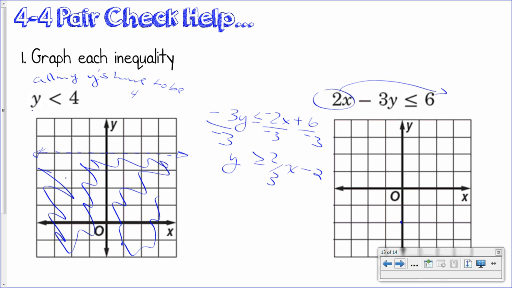Start down here at negative 2, up to, right 3. Solid or dash line? Above or below? Above. Wait, it opens up to the line.